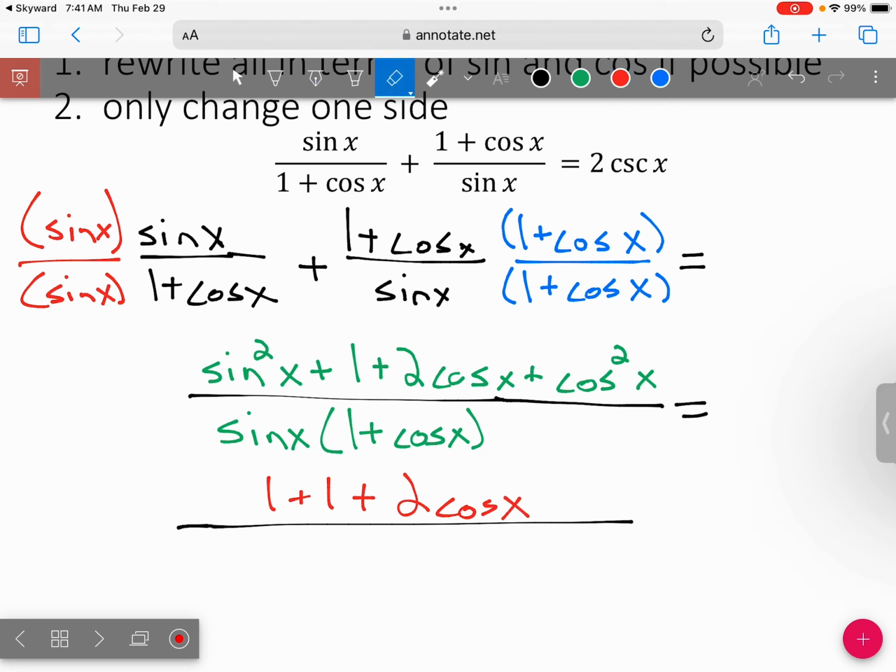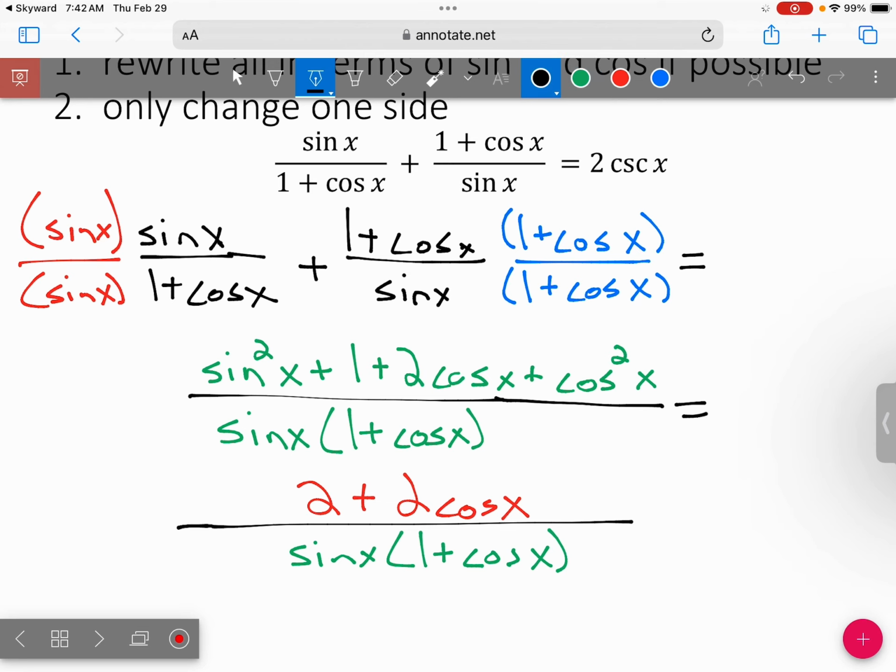What's 1 plus 1? 2. So we really have 2 plus 2 cosine x. I'm just going to let the denominator hang out. You could distribute it if you wanted to. I'm just going to let it hang out for now. Sine x times 1 plus cosine x.